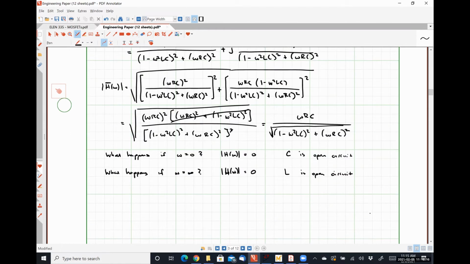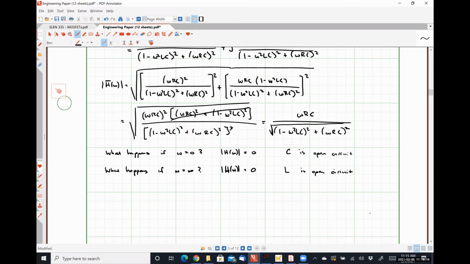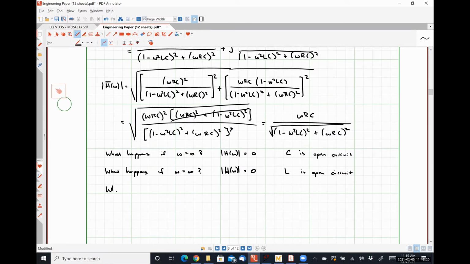What value of omega makes H of omega equal to 1? Any thoughts on how we might figure that out?